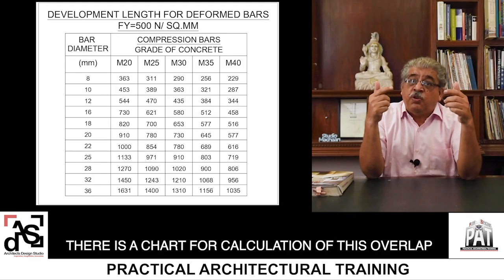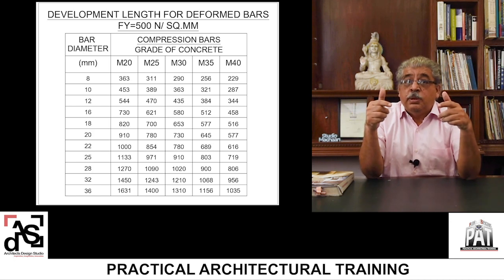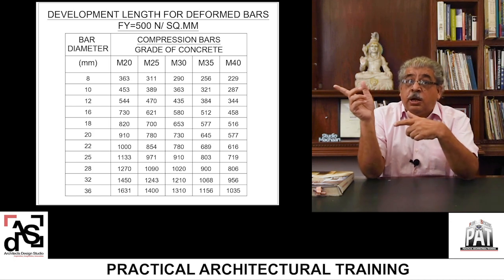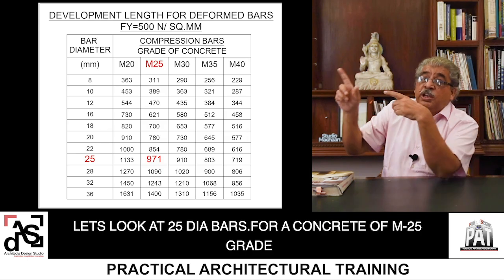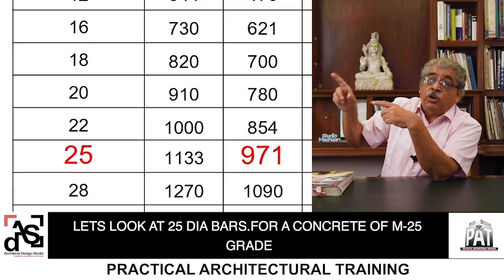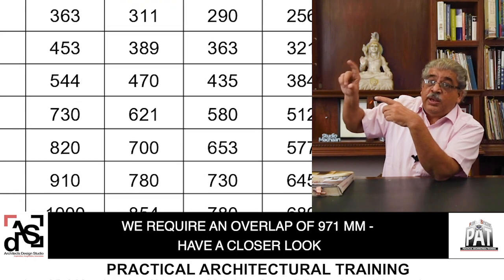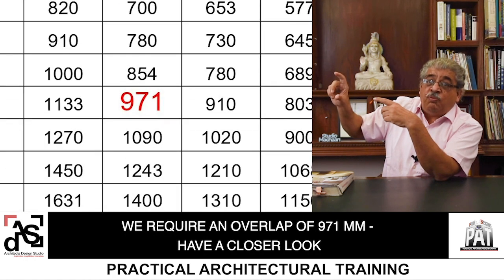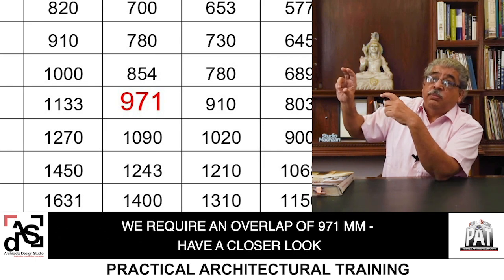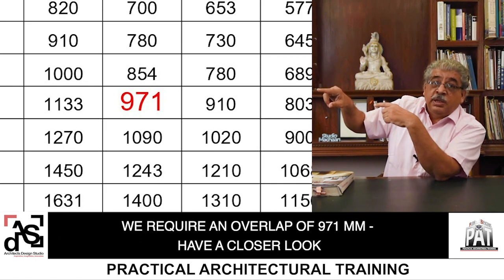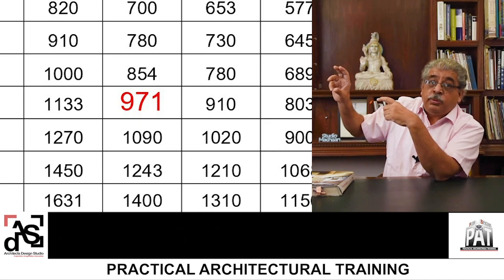There is a chart for calculation of this overlap. Let's look at this chart and let's look at 25 dia bars for a concrete of M25 grade. We require an overlap of 971 mm. Have a closer look at the areas marked in red. 971 mm.